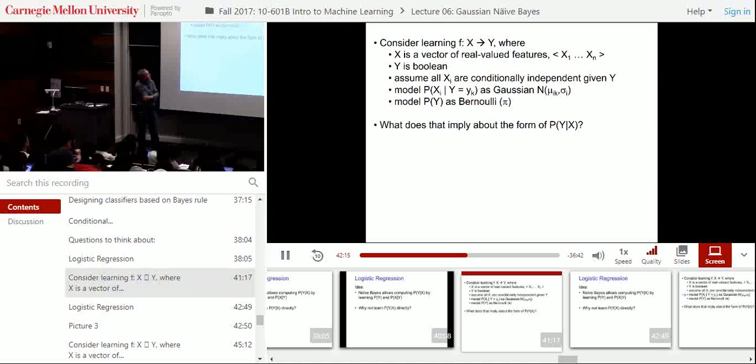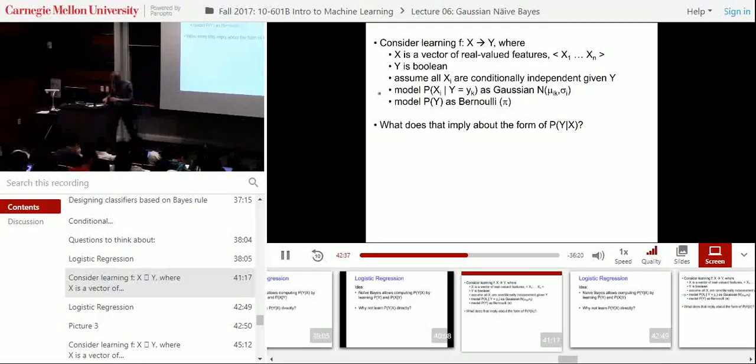And in the bottom line, we model P of y as simply a Bernoulli distribution. That is, we only have to estimate one parameter to tell us what's the prior that y equals 1.